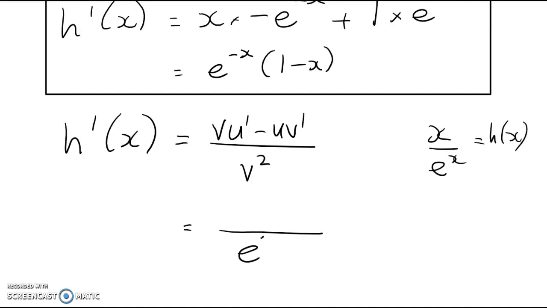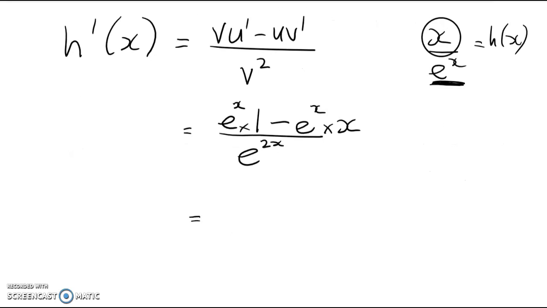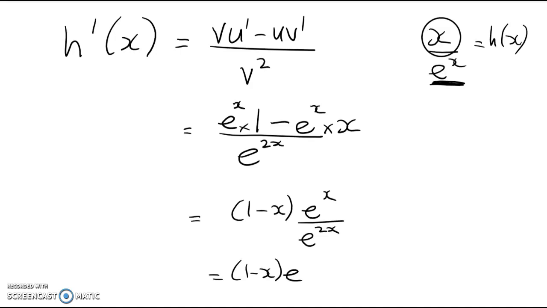Squaring the bottom line gives me e to the 2x, and it's e to the x times the derivative of this, which is just 1, minus the derivative of the bottom line, which is e to the x times x, the top line. That gives me 1 minus x times e to the x over e to the 2x, which is 1 minus x times e to the negative x, which is what we got before.